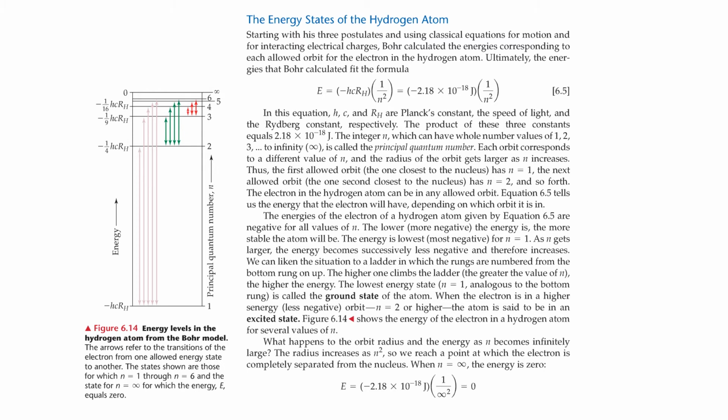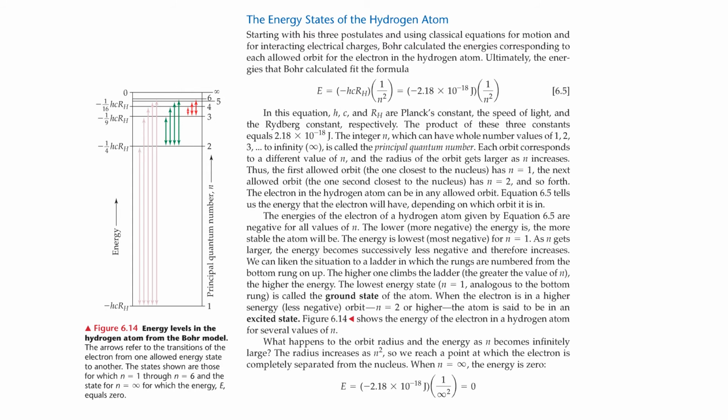The lowest energy state, n equals 1, analogous to the bottom rung, is called the ground state of the atom. When the electron is in a higher energy, less negative orbit, n equals 2 or higher, the atom is said to be in an excited state. Figure 6.14 shows the energy of the electron in a hydrogen atom for several values of n.